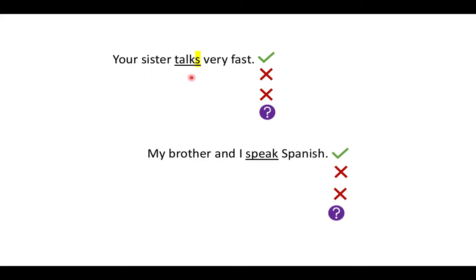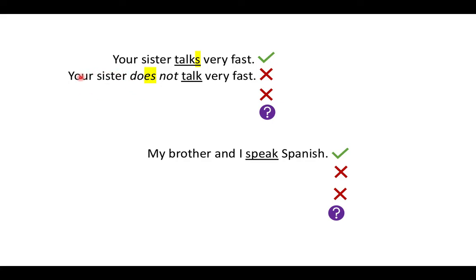Your sister talks very fast. Yes. How would we make it say no? Your sister does not talk very fast. So if you remember last class, what we have to do is we just add the word do not in between the verb and who we're talking about.